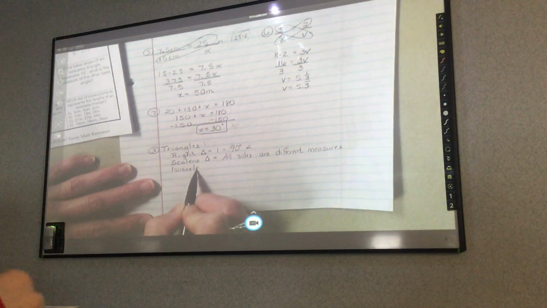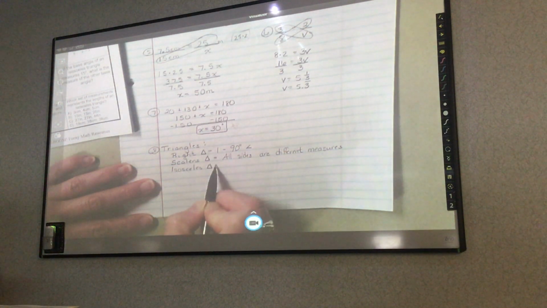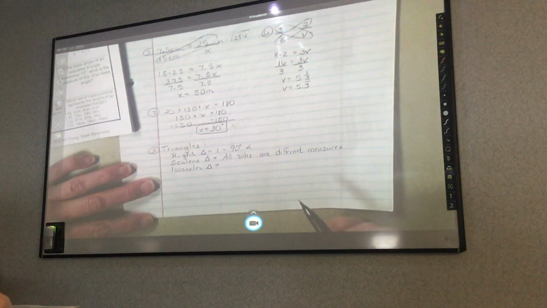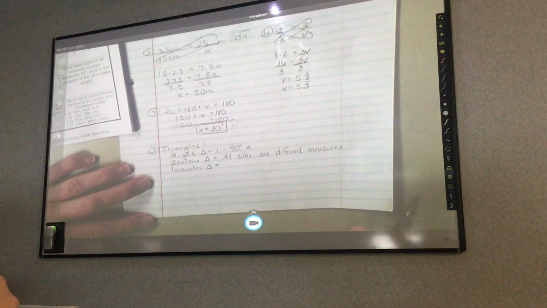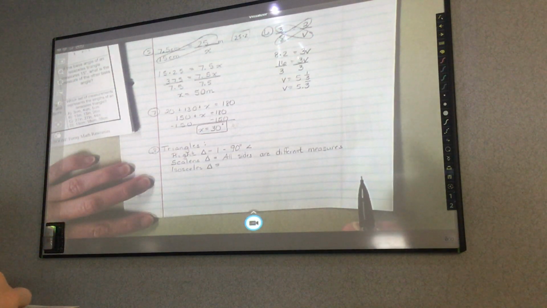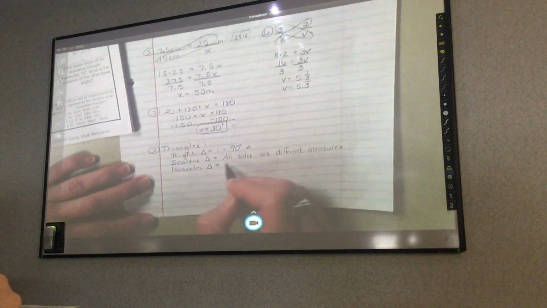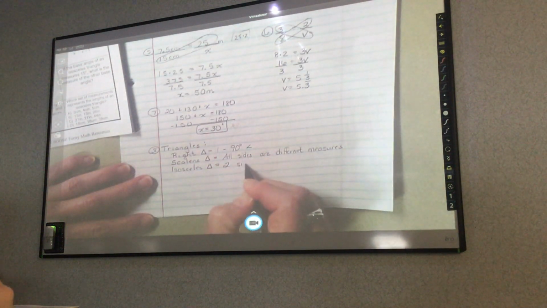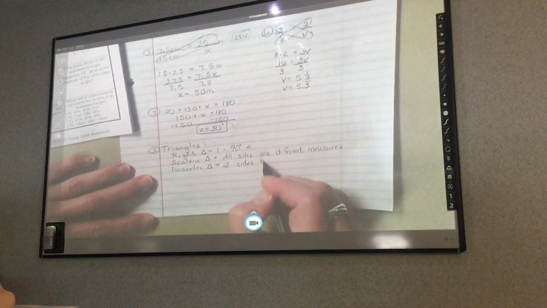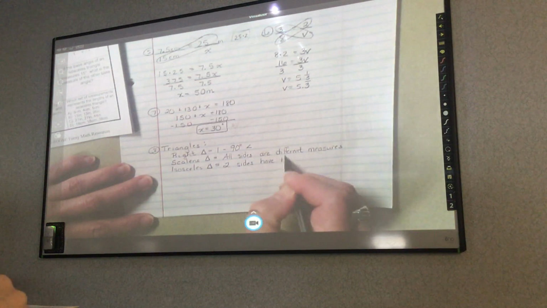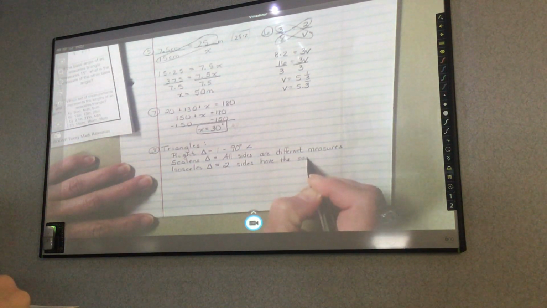Then we have an isosceles triangle. It has to do with the sides again. Does anybody know for the isosceles triangle? Yep, 2 sides have the same measure.